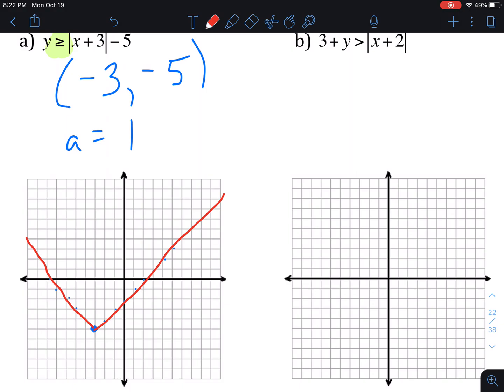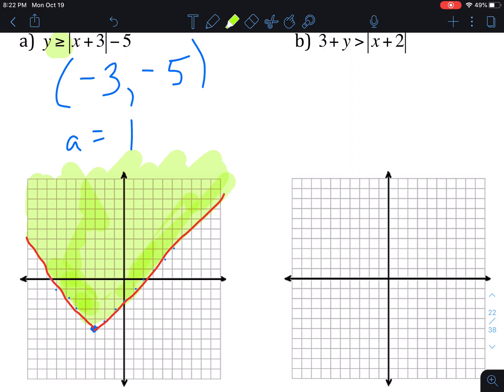And the shading, it is greater than, so that would be shading above the graph. Okay, A is done.